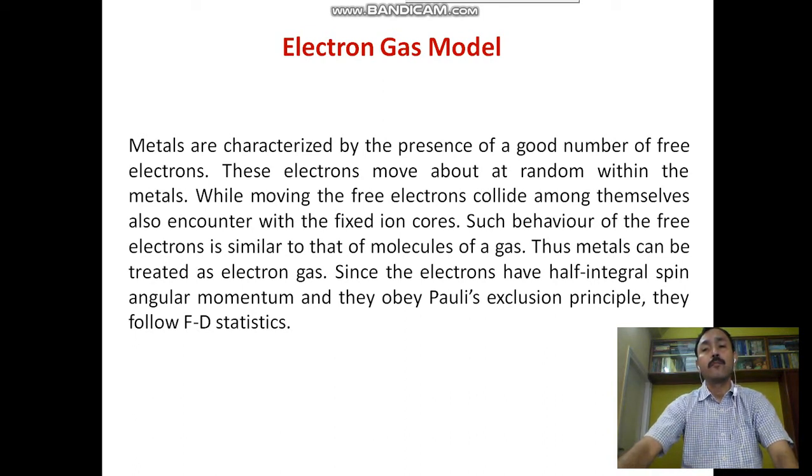Such behavior of the free electrons is similar to that of molecules of a gas. Thus, metals can be treated as electron gas, since the electrons have half integral spin angular momentum and they obey Pauli's exclusion principle. They follow Fermi-Dirac statistics.